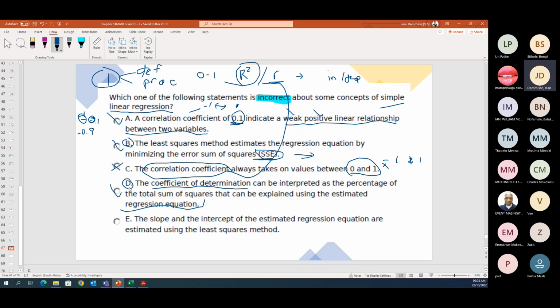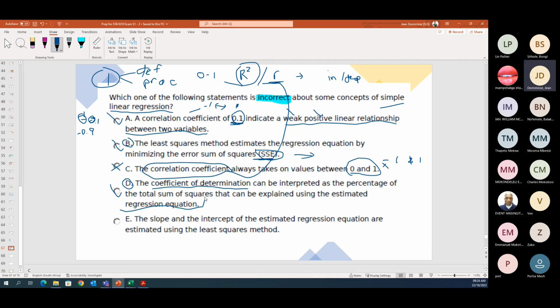For R square, it just makes sure that you can interpret it as a percentage that explains how good or how bad the data is.